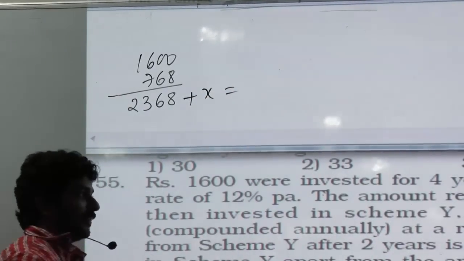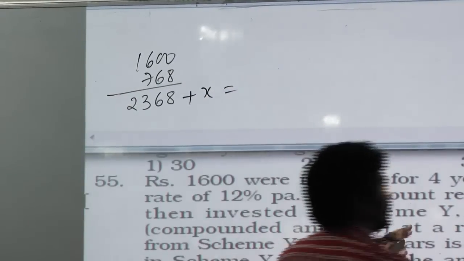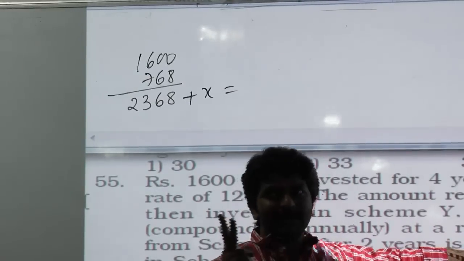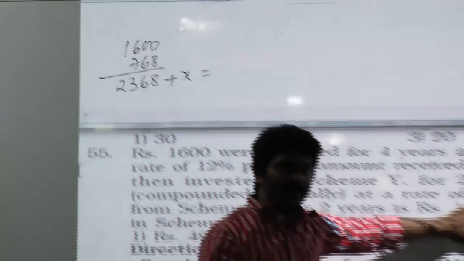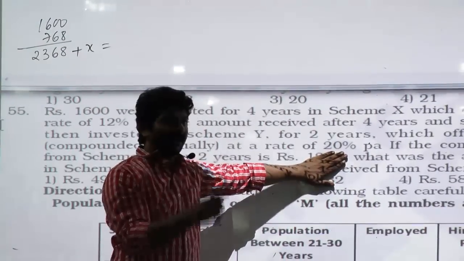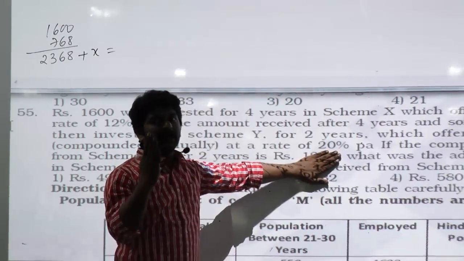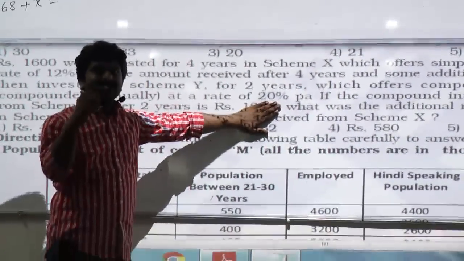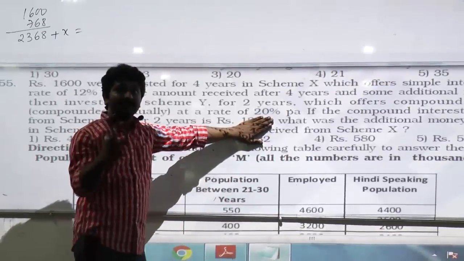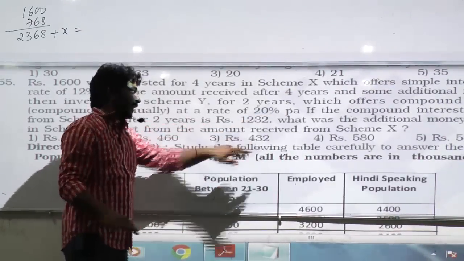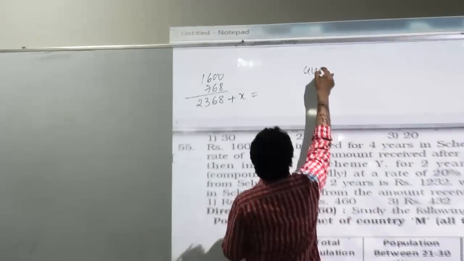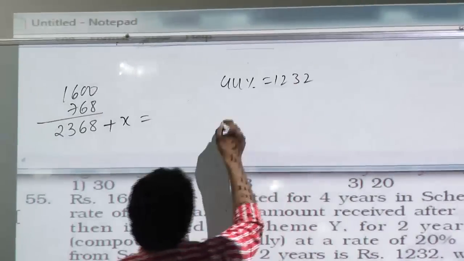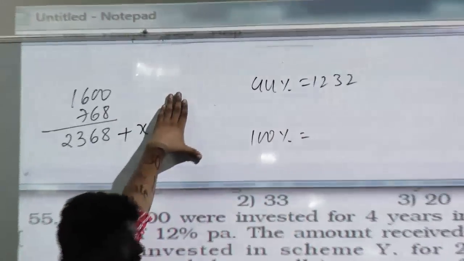Come on. At the rate of 20% per annum, the first year you will get 20%, right? Yes or no? In the second year you will get 20% and 20% of 20. How much is that? Total 44%. The interest received from Scheme Y after 2 years is going to be 44%, which is equal to 1232. Now look at this. 44% is equal to 1232, and from this you need to calculate 100%.